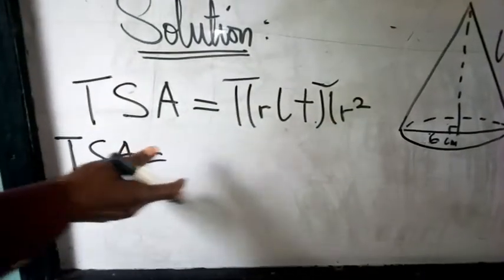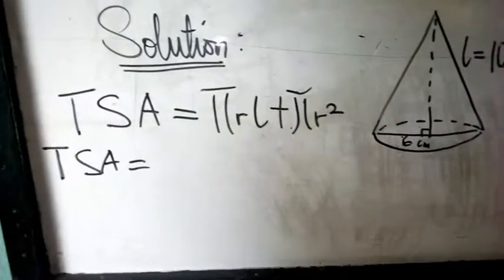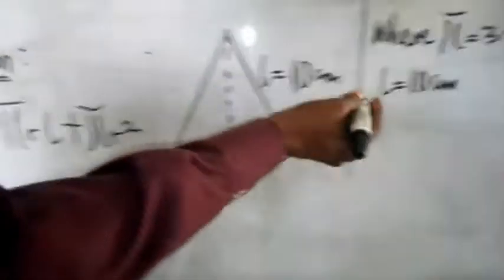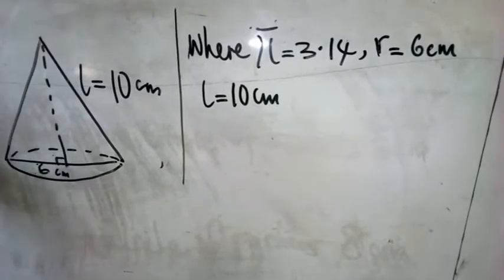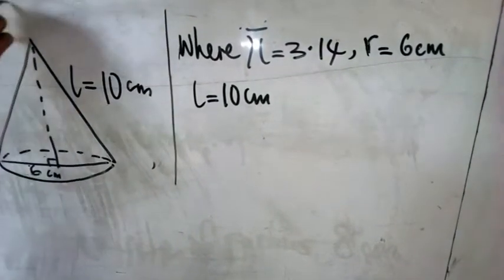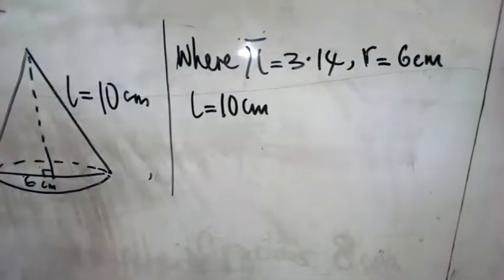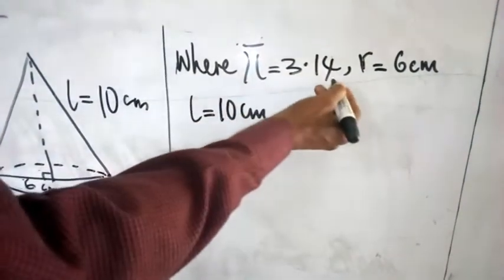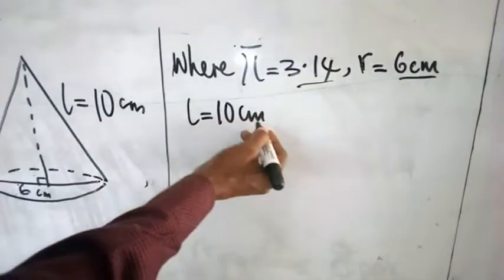I'm not going to repeat it. But in this question, we say you have to use pi. I forgot to mention that. Use the value 3.14 for pi. So in the question now we say where pi is equal to 3.14, radius is equal to 6, slant height is 10.